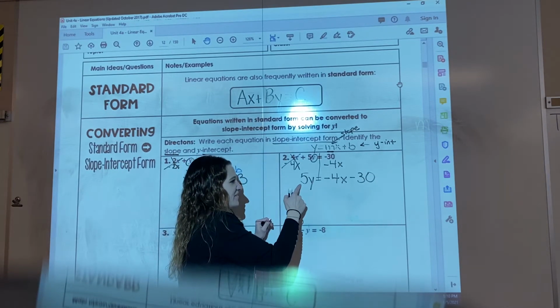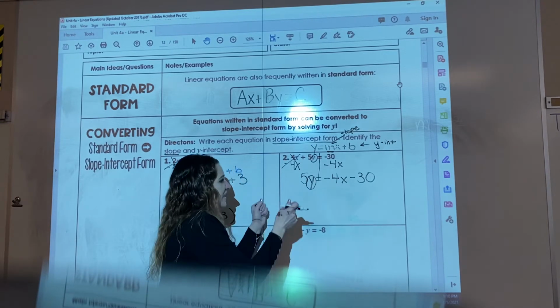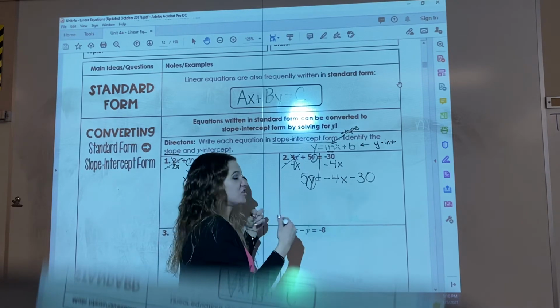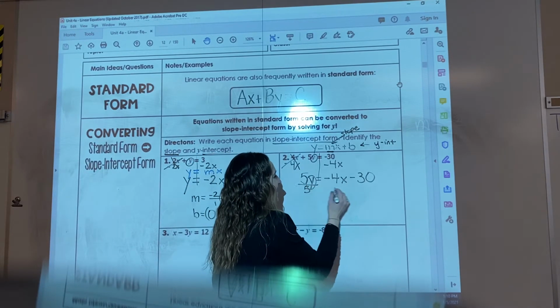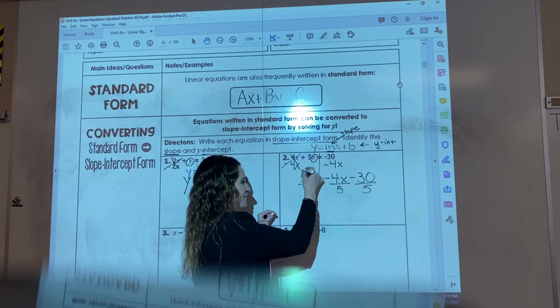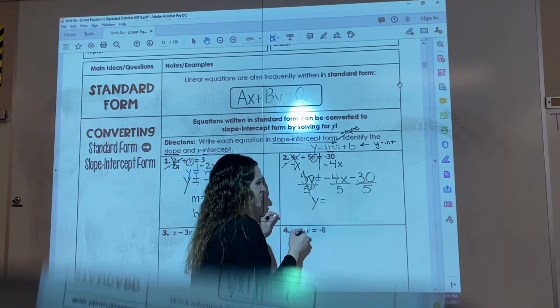We still have the 5 attached to this y. I'm going to need to get rid of that. It's touching, which means it's being multiplied, and in order to undo multiplication, I need to divide. So I'm going to divide everything by 5. That just cancels out the 5s over there. I'm going to drop down my y equals.